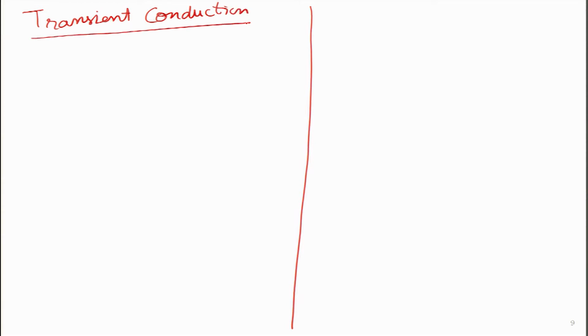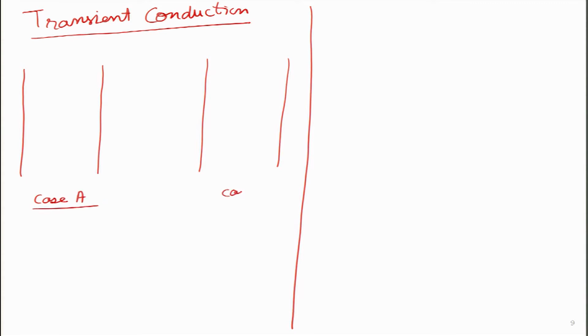So, we will again take the help of the 1D plane wall geometry, and over here I will present two cases. I will call them case A on the left hand side and case B on the right hand side, and both case A as well as case B will be transient analysis cases with a small difference between them.